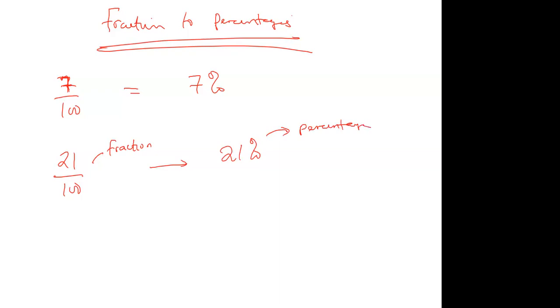We've covered this initially, so this one should be a formality for you, because you are aware of this before. So if you also have 71 over 100, that gives you what? 71%. So if you convert from percent to fraction, 71% equals what? 71 over 100.